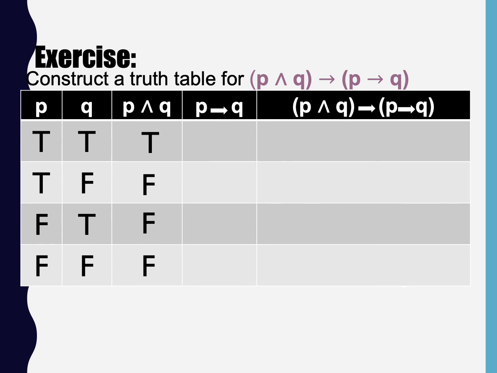Then, construct the conditional statement if P, then Q. That will give you true, false, true, and true. Lastly, to construct the final column, you get the conditional statement of the third column and the fourth column. That will give you the values true, true, true, and true.